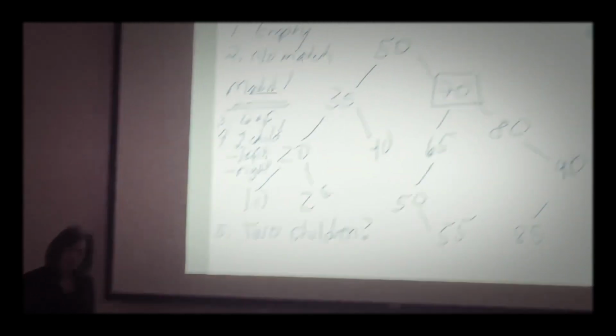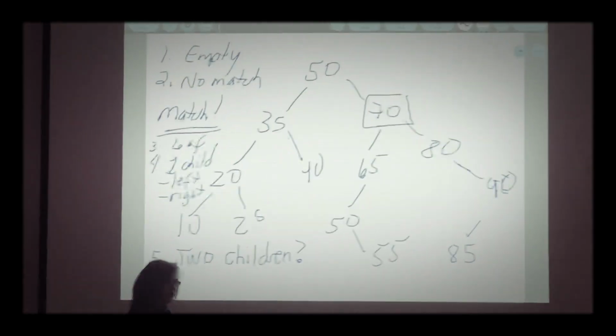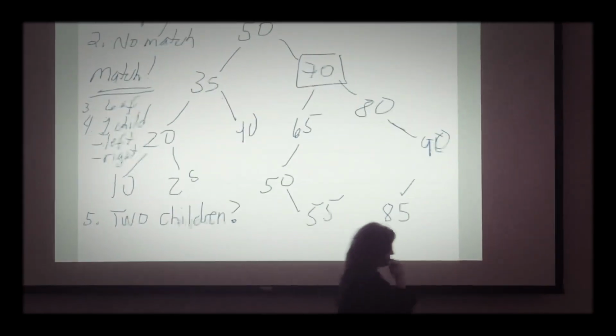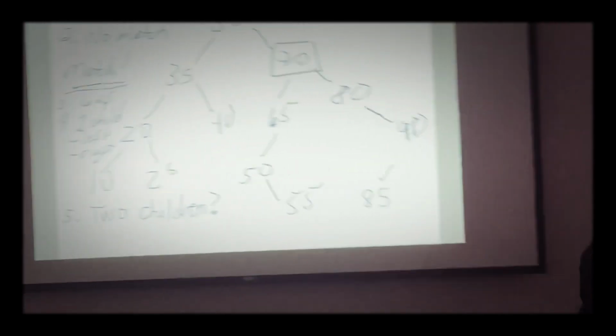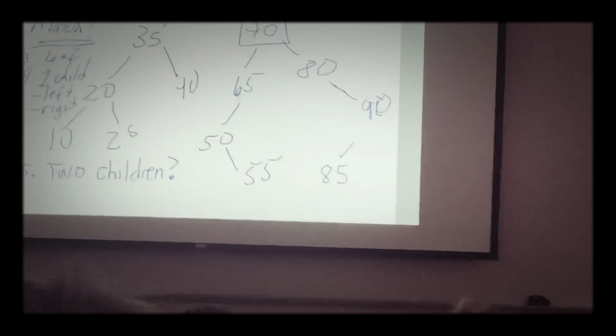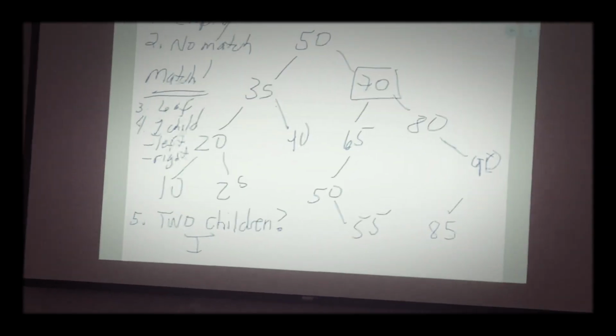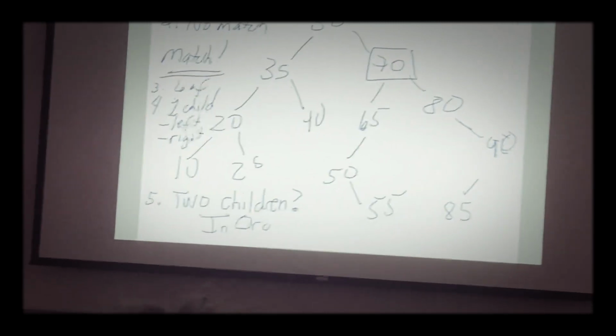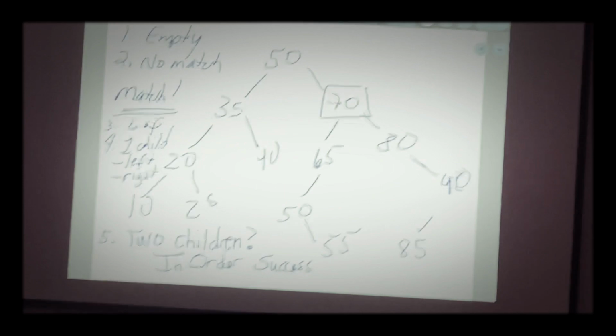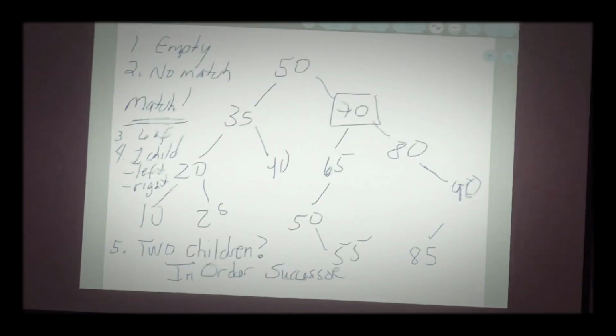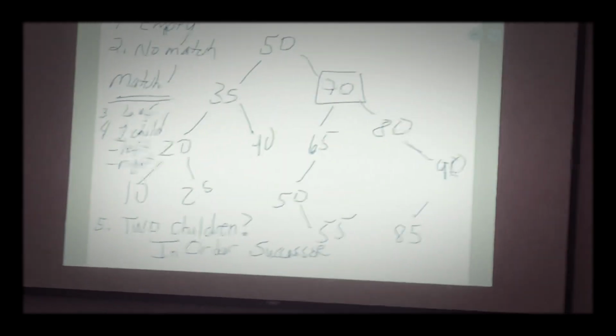So, the algorithm that we are about to learn in this overview is if you have two children, what you want to find is this thing called the in-order successor. It's a very important term for data structures.